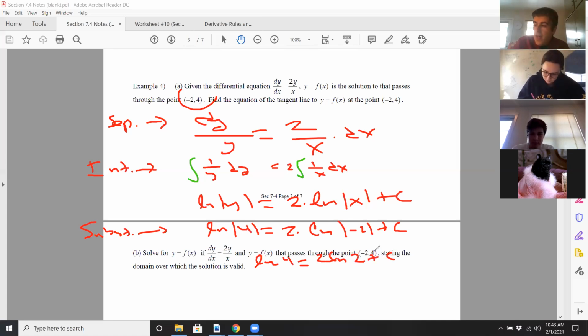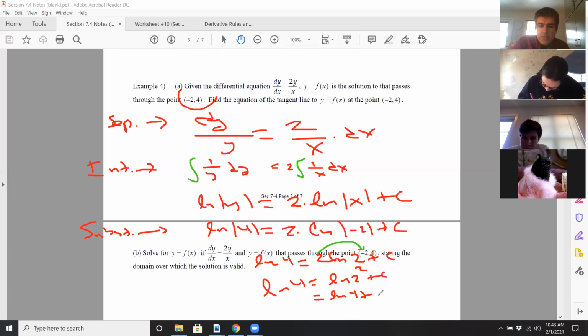Now, in case you guys forgot, there's a property of logs. When you have something being multiplied, you can move it to the back as an exponent. That's the power property of logs, going back all the way to Algebra 2. So it's natural log of 2 squared plus c, or natural log of 4. So c is just going to be 0. So your constant is 0.